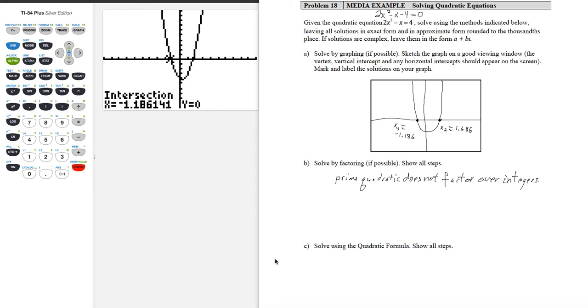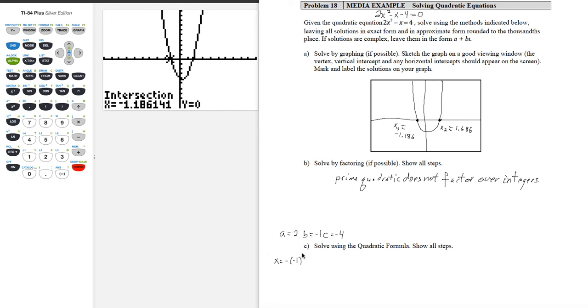So I'm going to start with x equals negative b, and I'm going to pull a, b, and c from standard form. So a is 2, b is negative 1, c is negative 4, and I'm reading that from the equation up here, 2x squared minus x minus 4 equals 0.